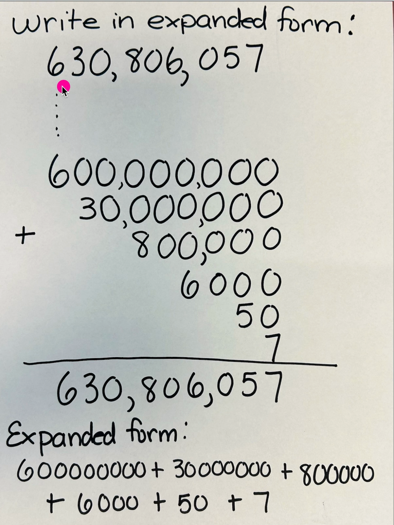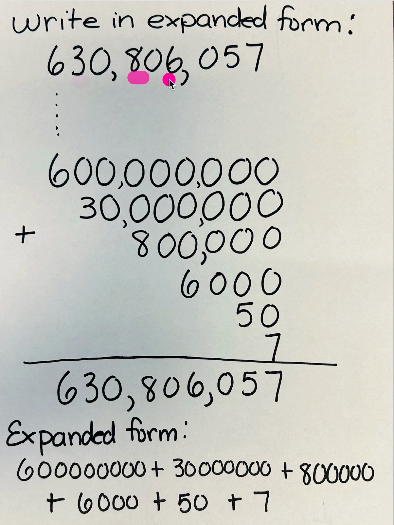So what you're going to do is look at all the values that are non-zero. So we're going to look at 6, 3, 8, 6, 5, and 7. And we're going to look at their place value. This is in the hundreds of millions. I'm going to pull this down here. Here's my 6.